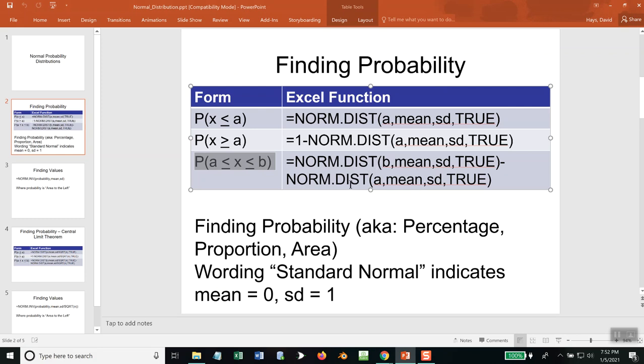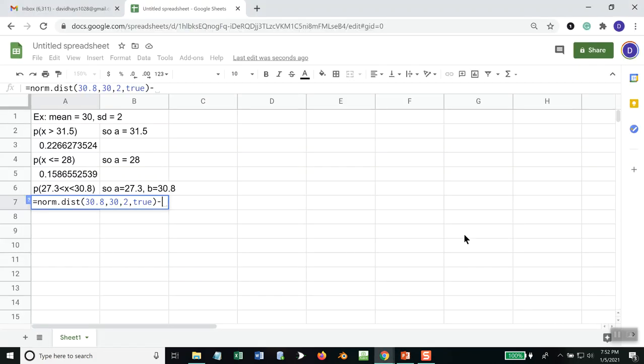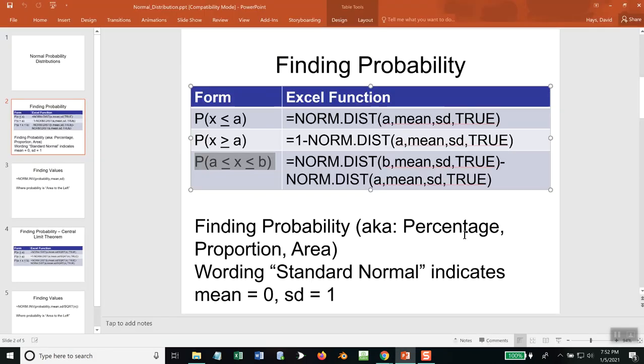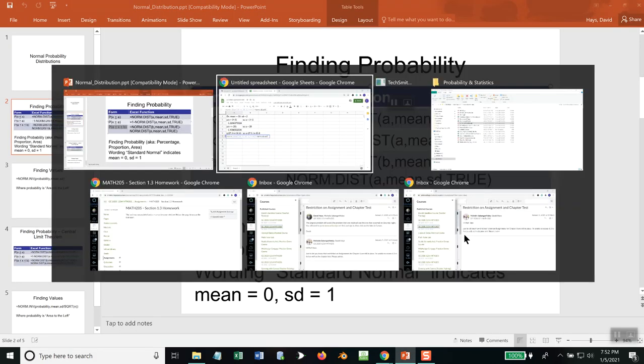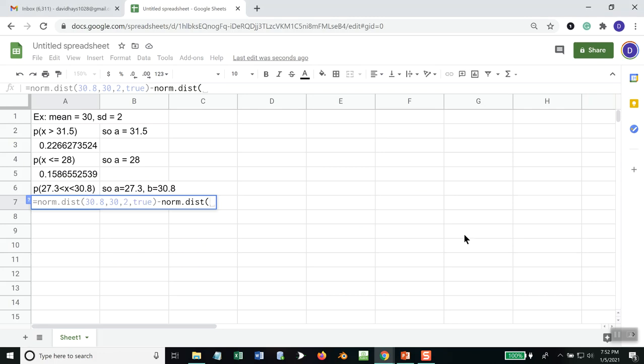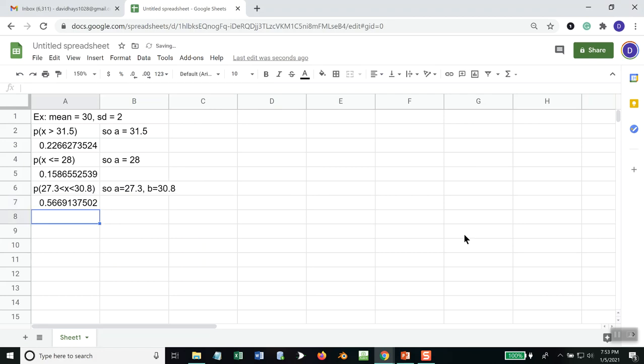I'm just plugging in the values over here. Norm.dist, A, mean, standard deviation, true. A was 27.3, comma, 30, comma, 2, comma, true. So again, just plug in our A and our B and our mean and our standard deviation. And that would be your answer.